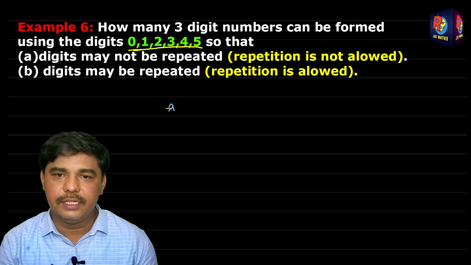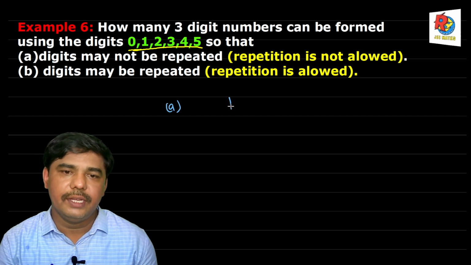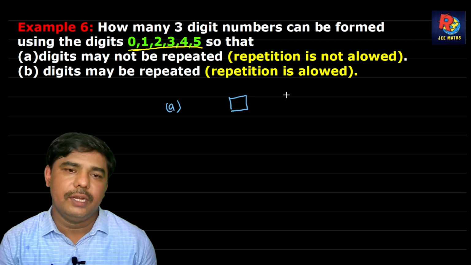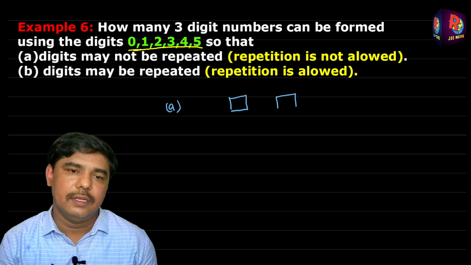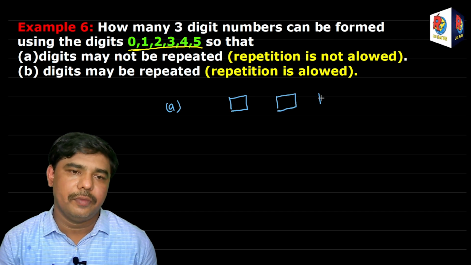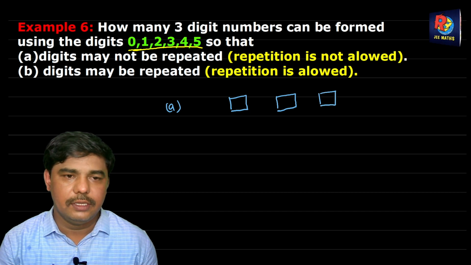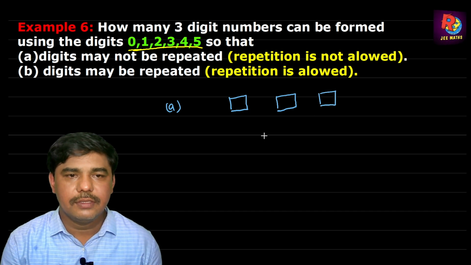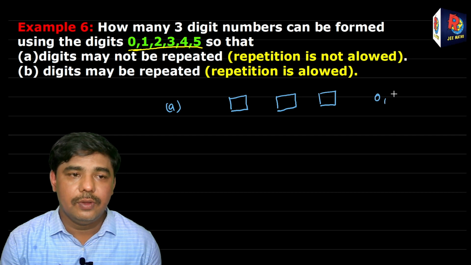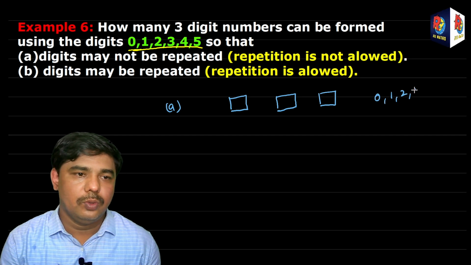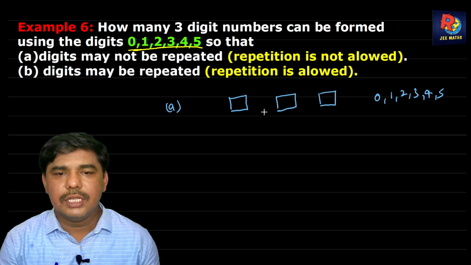When repetition is not allowed, again we need to take 3 digits. The digits are 0, 1, 2, 3, 4, 5. Just observe this.